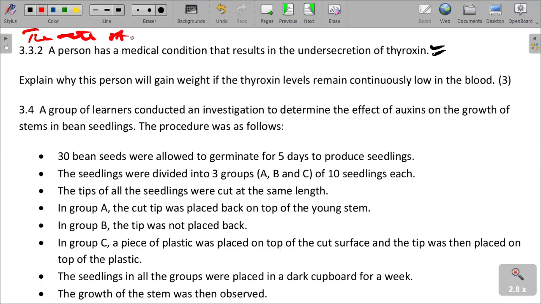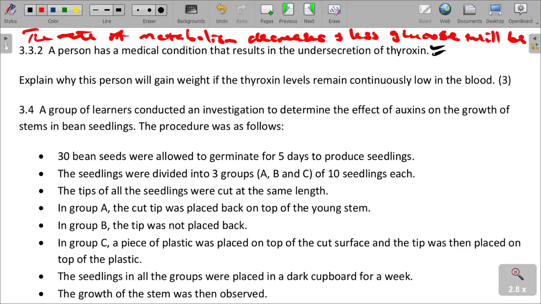The rate of metabolism in the body decreases, and then less glucose will be broken down.